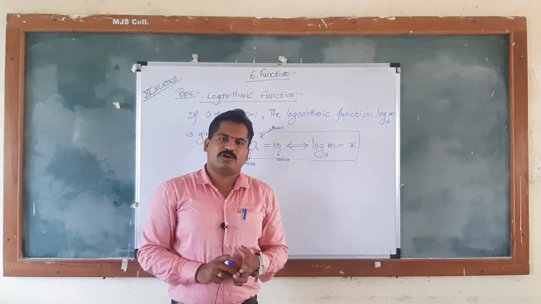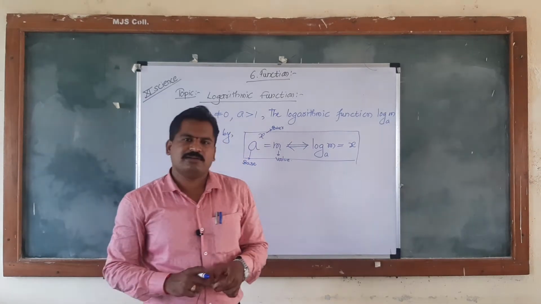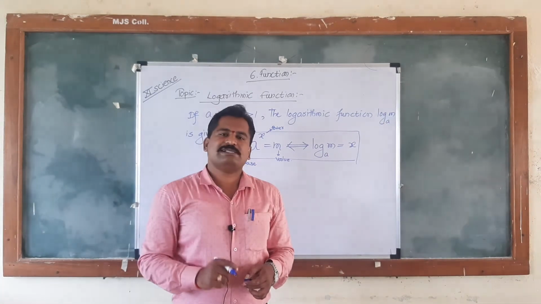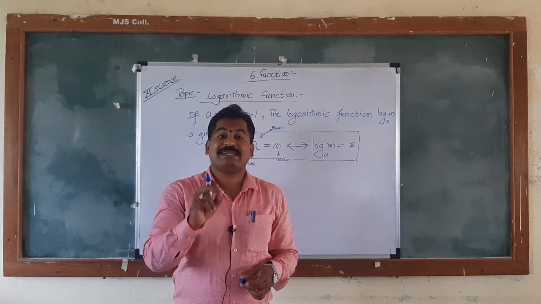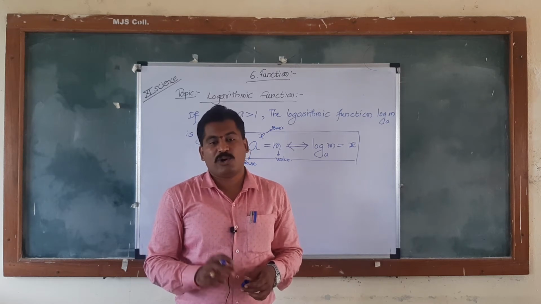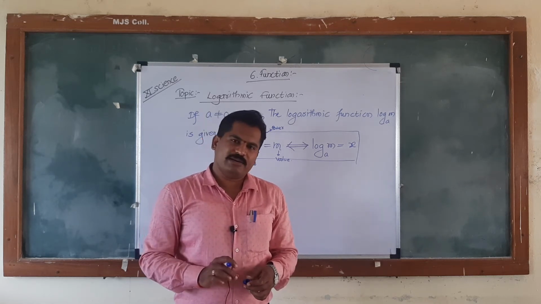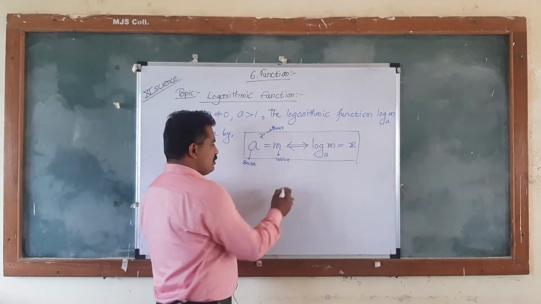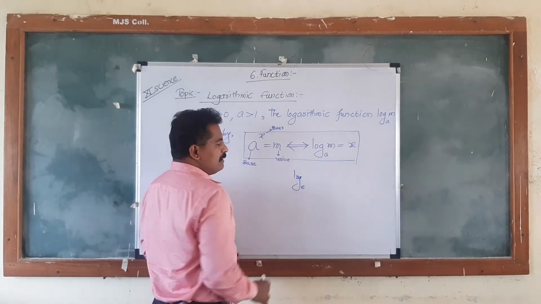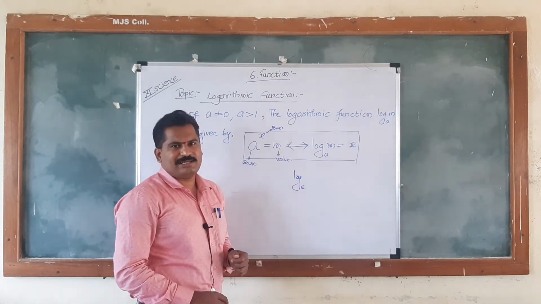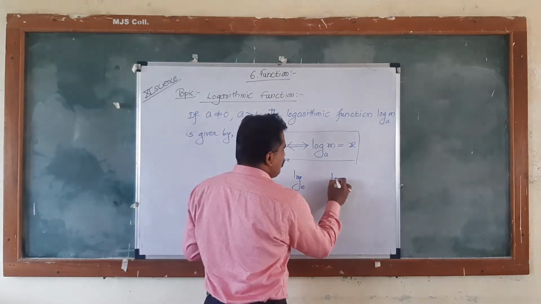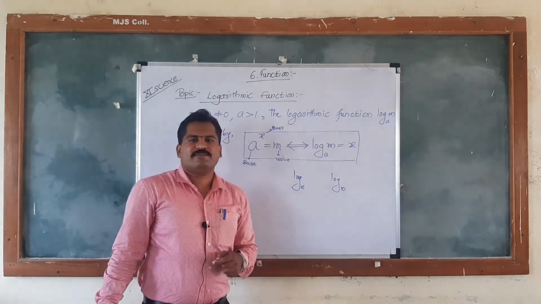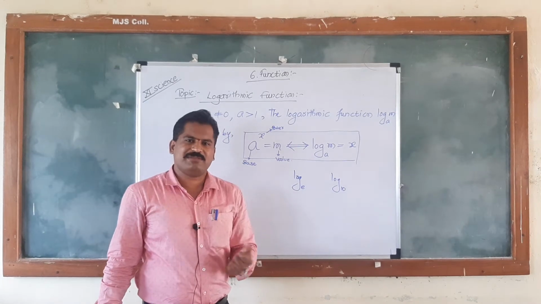We know the logarithm table from the 11th and 12th, a very important factor. But this logarithm table has base 10. We studied both log to the base e, which is the natural logarithm, and log to the base 10, which is artificial, which is used in chemistry, physics and mathematics also.